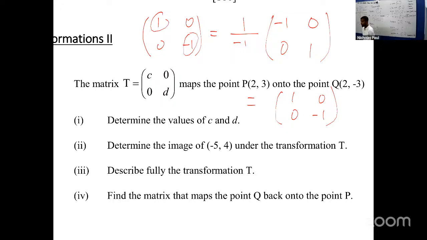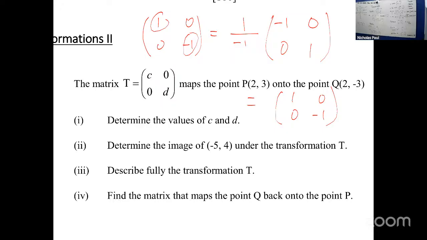Why don't you understand? Do you remember how to find the inverse? 1 over the determinant, which is -1. I switch places with the 1 and the -1, and I change the sign of the 0s.